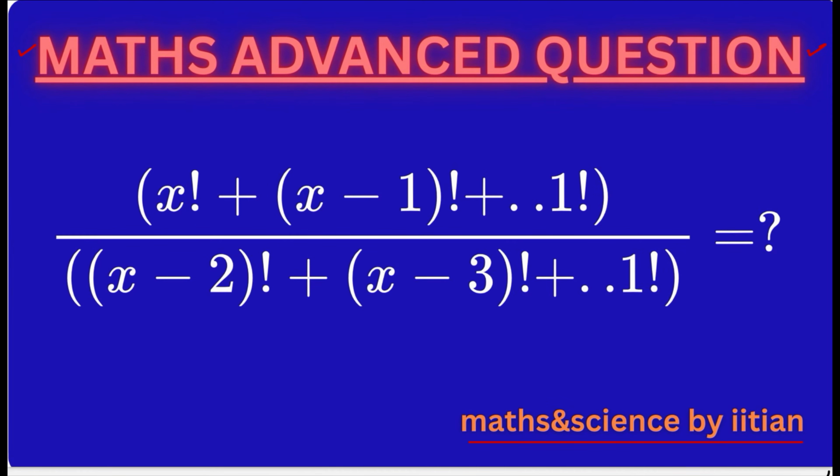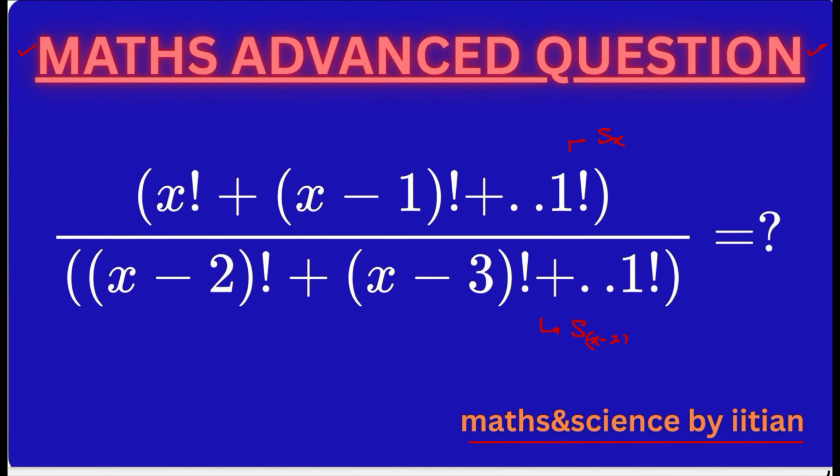The ratio of two factorial sums which are different. One sum is Sx, the other is Sx minus 2, where two terms are absent in the denominator and two terms are more in the numerator.